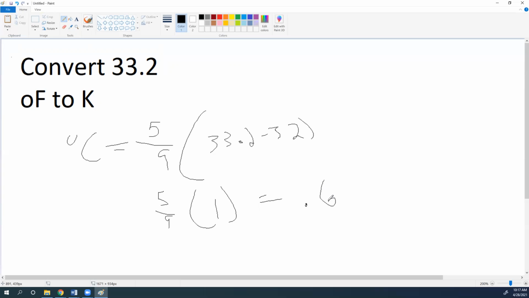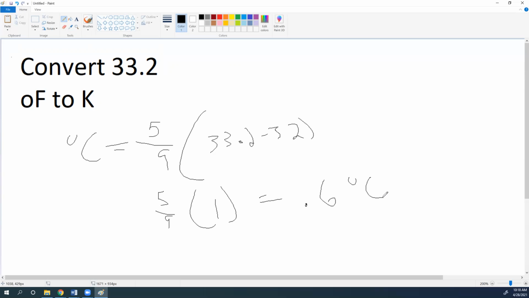That is Celsius, because you got 5/9. You only need one significant figure.